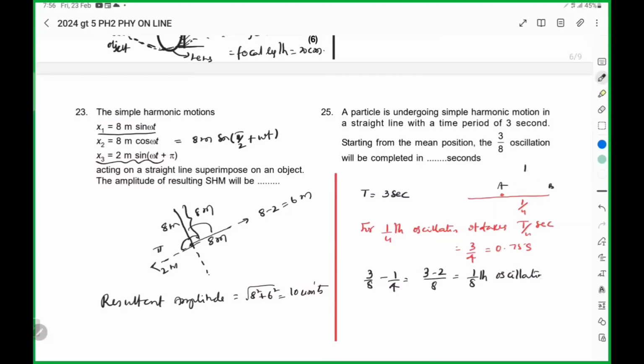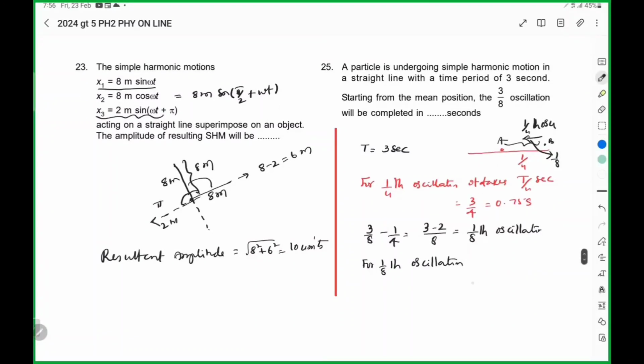From A to B, it is 1/4 oscillation. And 1 by 8 means half of this. So for 1 by 8 oscillation, finally, the particle executing SHM is exactly half the distance from the mean position.